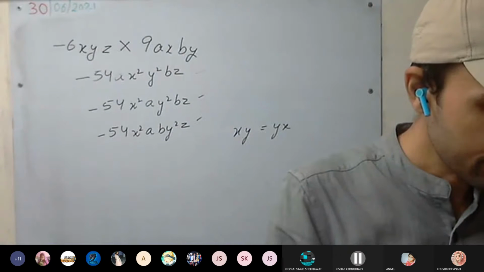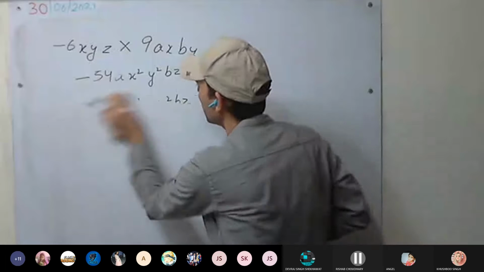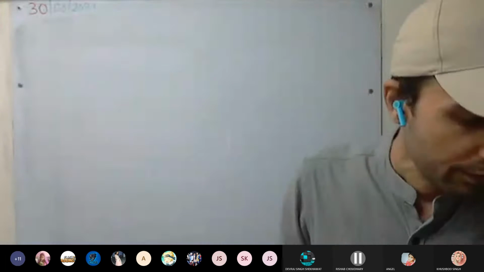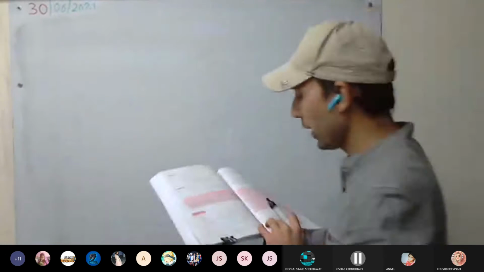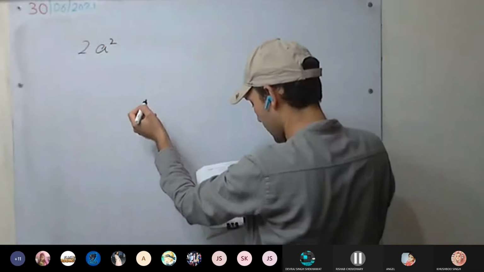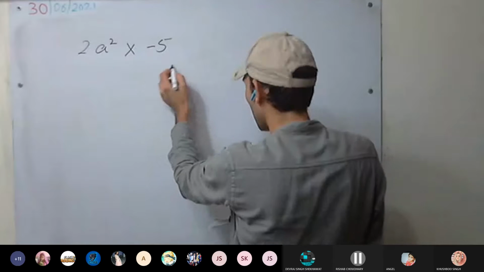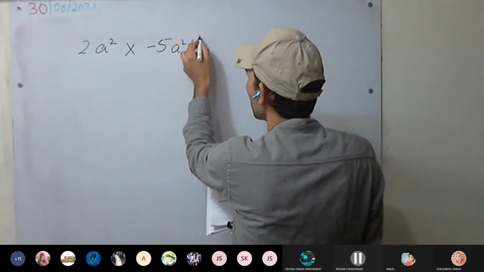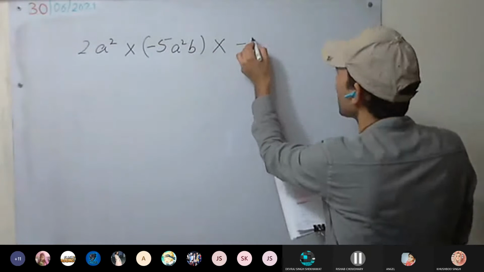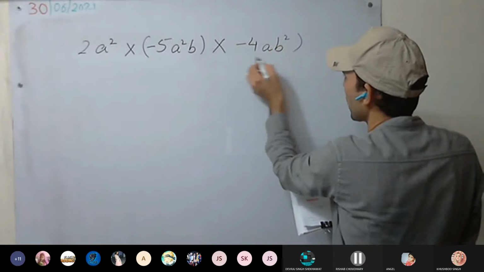Okay, second one. We have 2a square into minus 5a square b into minus 4a b square.